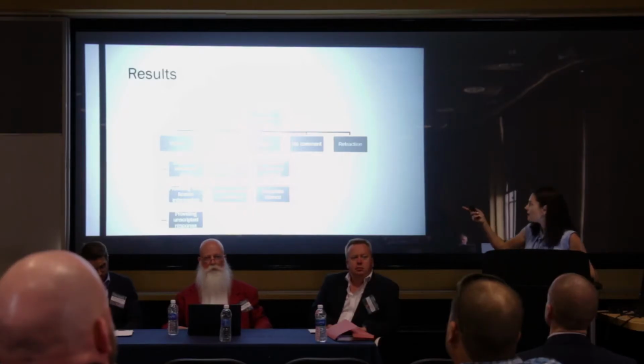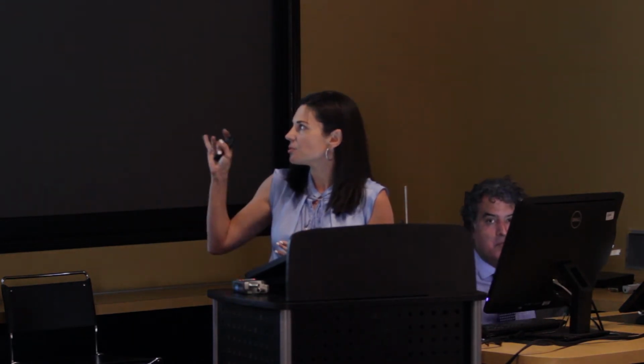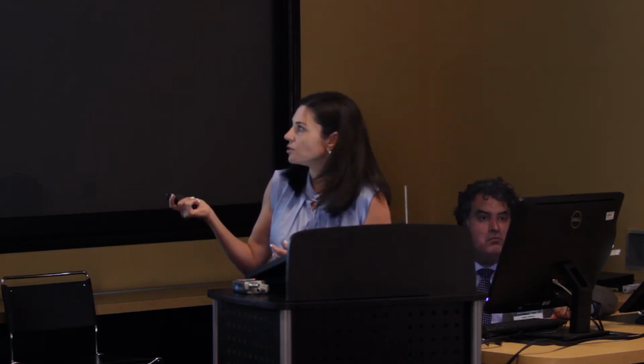So there were these 5 main strategies used: verbal, passive verbal, no comment, and retraction. And the researchers actually also compared the different kinds of terrorist suspects and found that all of these types, except for retraction, were most commonly used by paramilitary individuals.